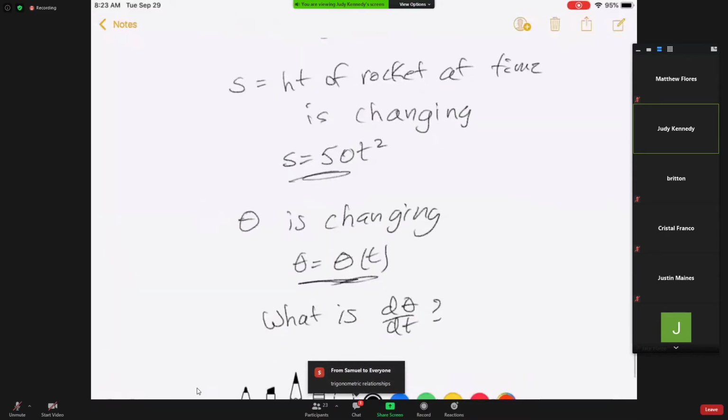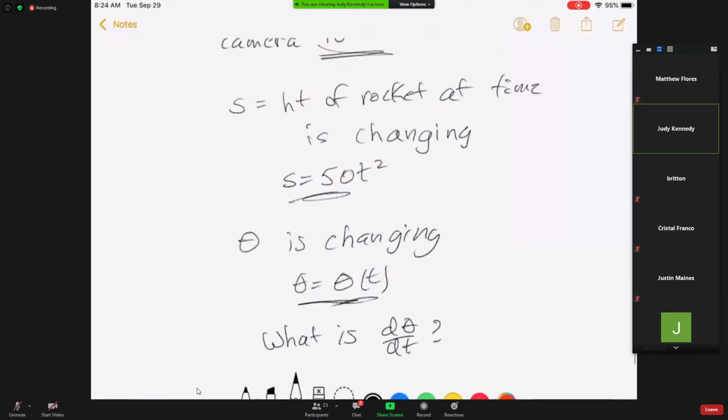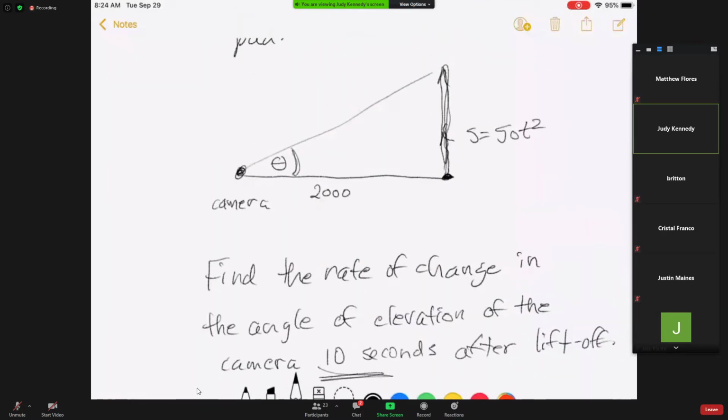Basically, relating the angle there to S, the tangent of theta is S over 2000, right? Opposite over adjacent. And that applies, well, not for all time t. At some point, depends on what kind of rocket it is, maybe it escapes the Earth's gravity and it's gone someplace.